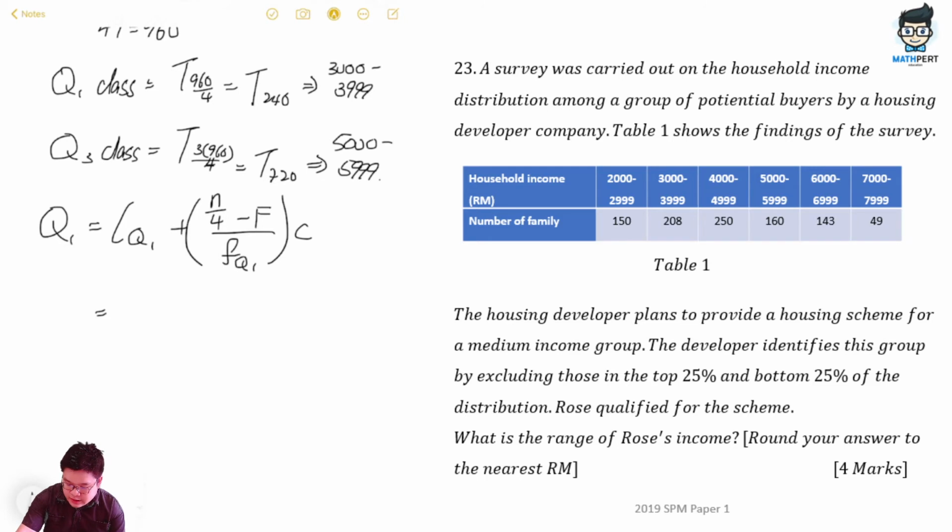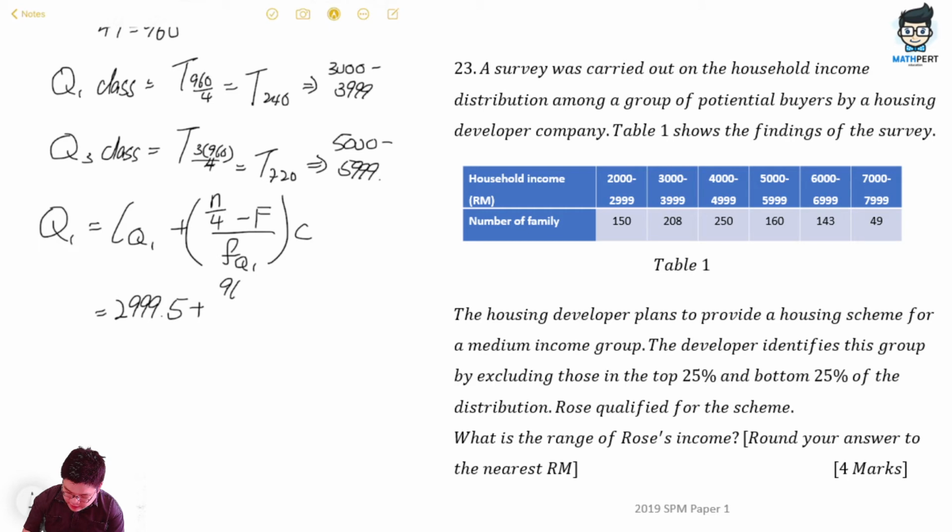So Q1 class is 3,000 to 3,999. So the lower boundary will be 3,000 plus 2,999 divided by 2. You will get 2999.5 plus N divided by 4. N divided by 4 is 240. So 960 divided by 4 is 240.